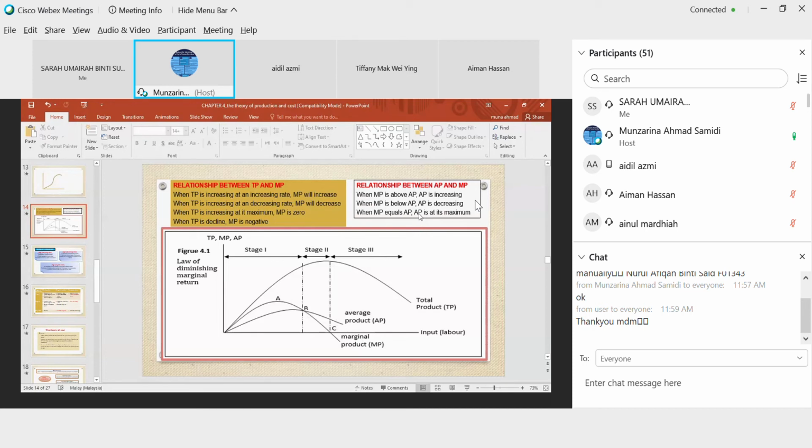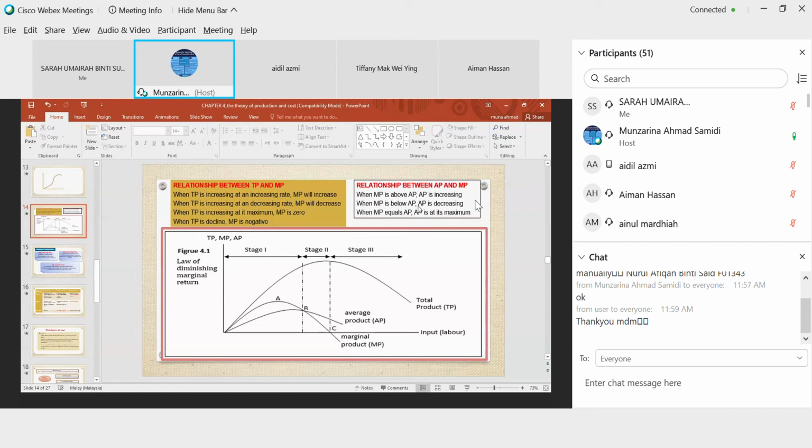So when your additional is more than the average, of course the average will increase. When marginal is greater than average, what you add is greater than what you already have, so of course your average will increase.